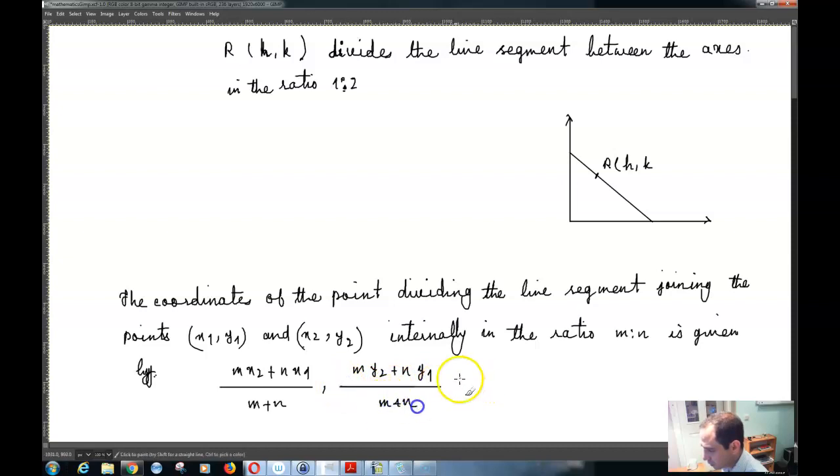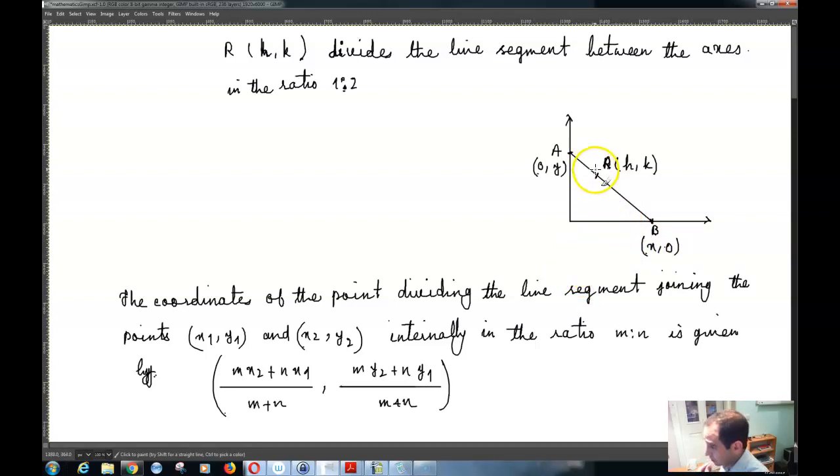So that means that if you have this point over here R with coordinates h comma k that divides this line segment in the ratio, in this case 1 to 2, and suppose we have this point over here, call it A for example, with coordinates 0 comma y, and the coordinates of this point B over here are x comma 0.